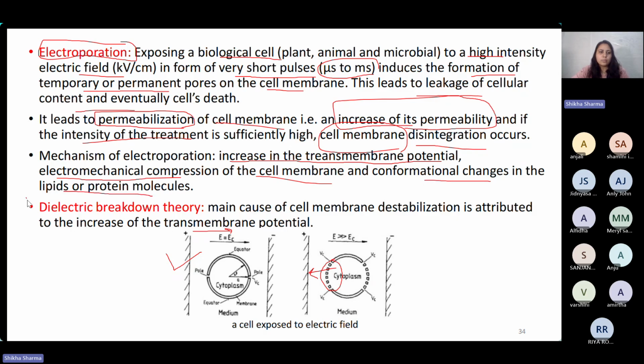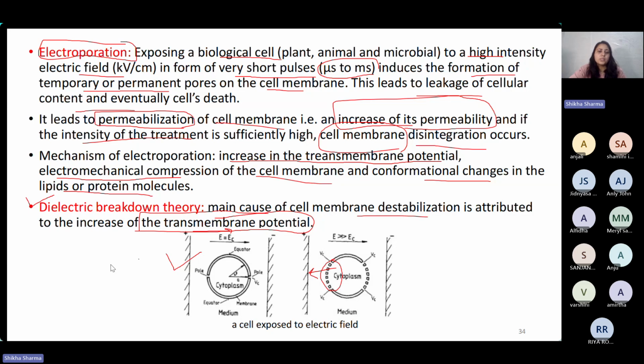The theory behind this is the dielectric breakdown theory. What it says is that the main cause of cell membrane destabilization is the increase of the transmembrane potential. So why is the poration or permeation happening? Because of the increase in the transmembrane potential.